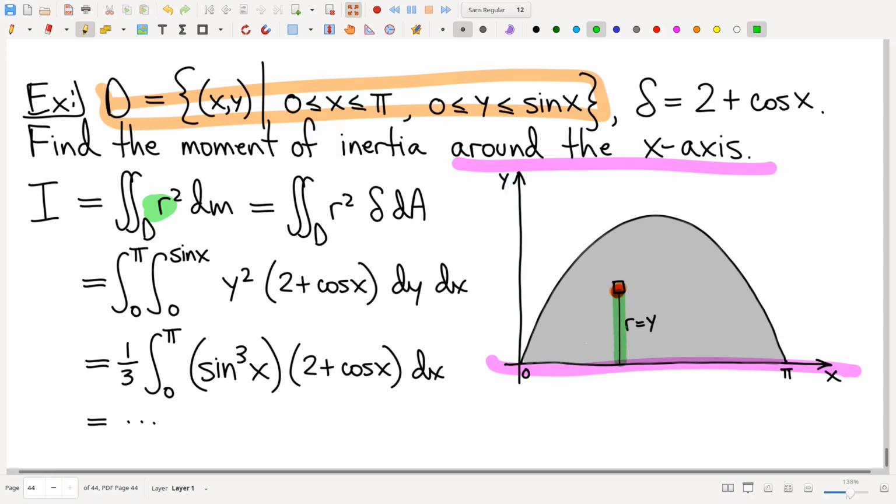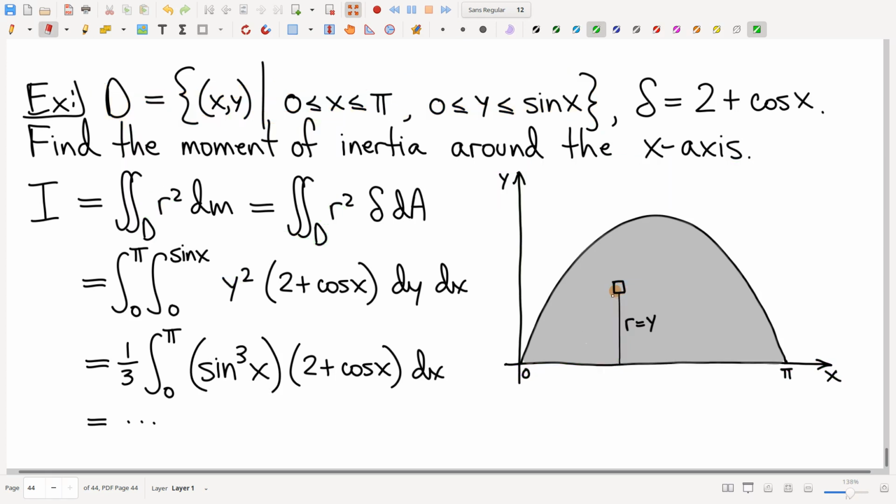I have myself now a little picture of what my r is, and again, casual glance. Just study the geometry of the picture you've created, and well, conveniently, that distance there, it's just y. That's all it is. So r is just y. Everybody happy? All right.